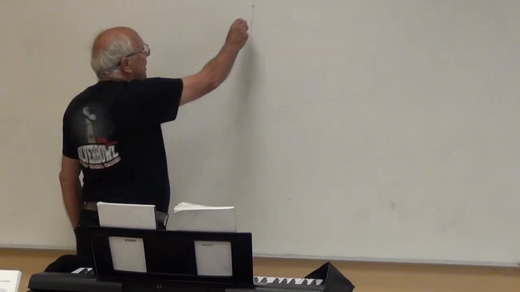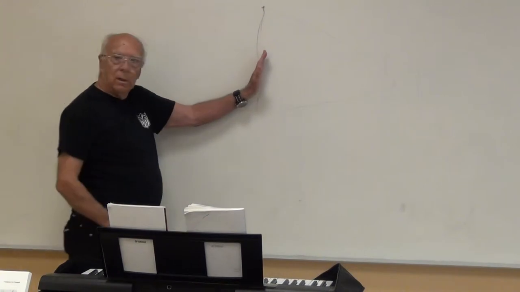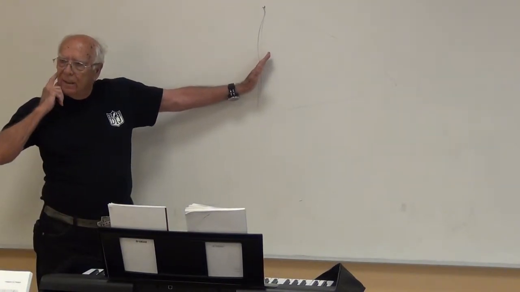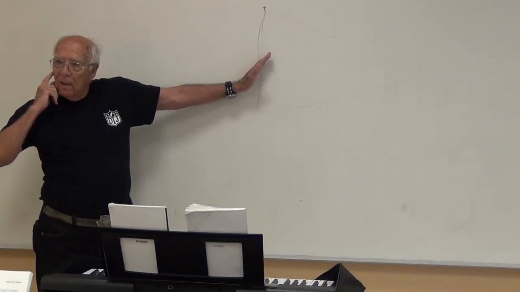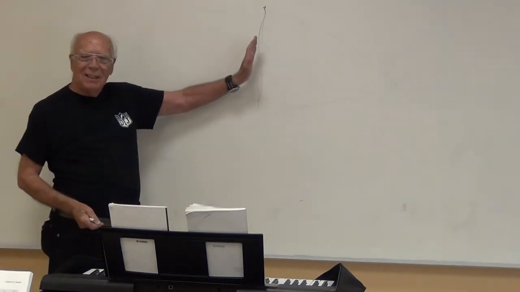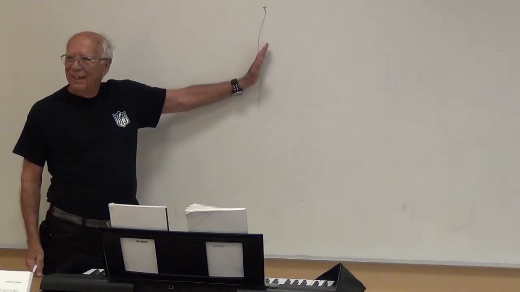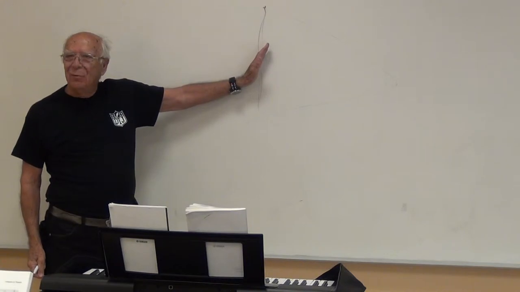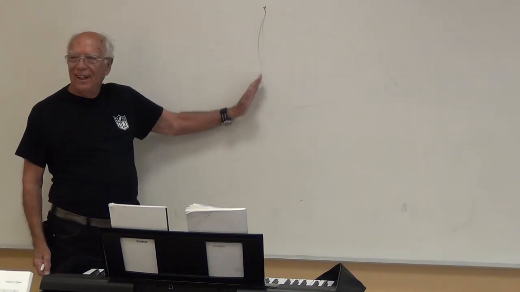Okay? A triangle. Now it becomes a triangle on its side. If it's not round, it's what? Flat. F-L-A-T.